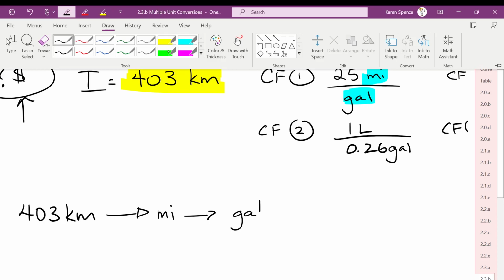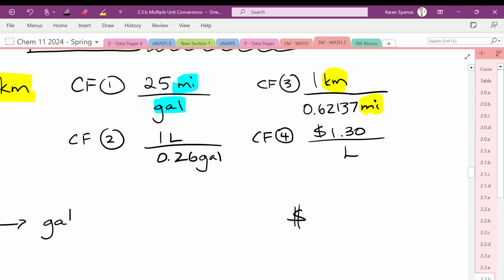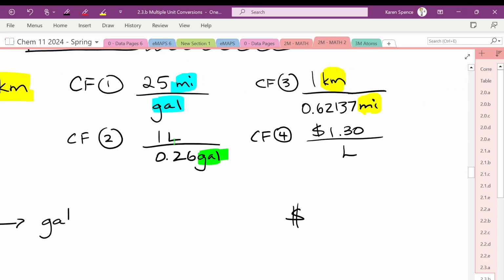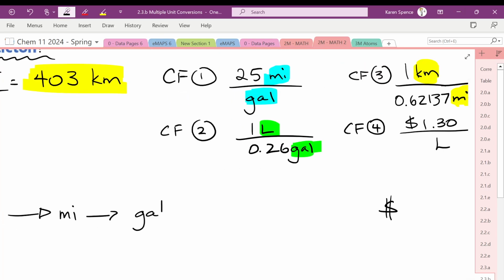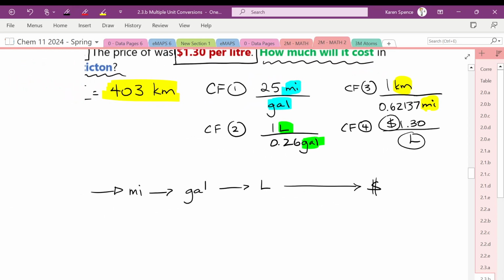What can I convert gallons into? Take a look at your 4 conversion factors. Gallons can be converted into liters. And finally, I have liters and dollars in the same conversion factor, so I can convert liters into dollars.